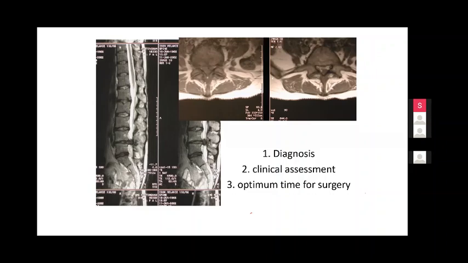So what are you worried about here? L1, L2, L3 fracture with the myelogram cutoff. I can't hear properly.